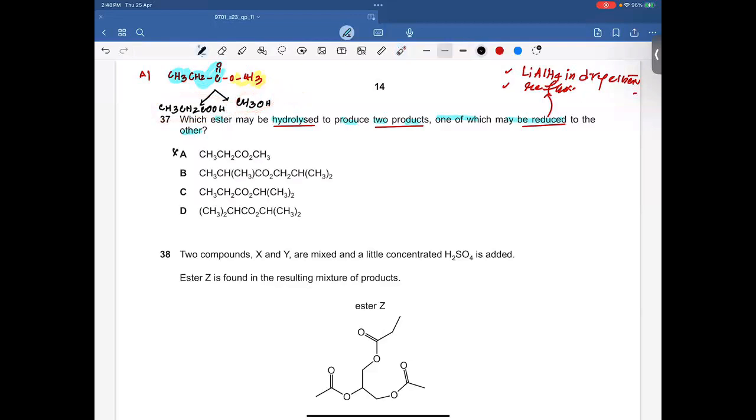Let's talk about B. My goodness, this question has a lot of working. CH3, CH, CH3, CO, O, CH2, CH, CH3, and CH3. I'll get 2 different products from here after hydrolysis.